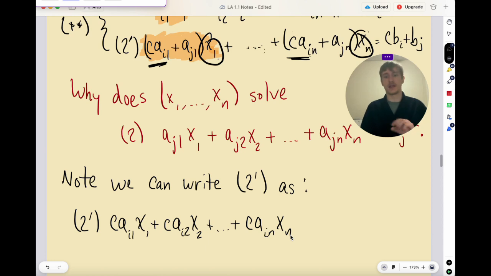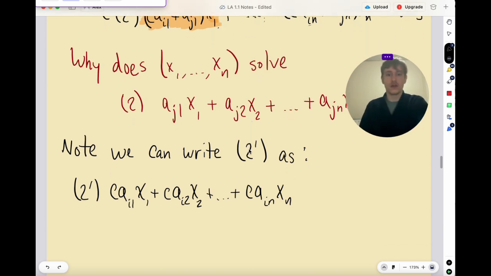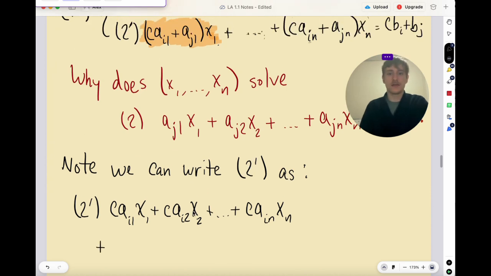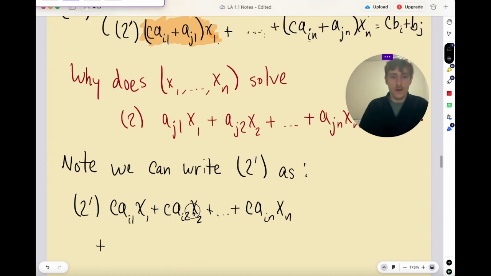Just the first terms, that's what I get. I'm going to get n terms overall. Then I'm going to add in the second ones. So plus aj1 x1 plus aj2 x2 plus dot dot dot plus ajn xn.